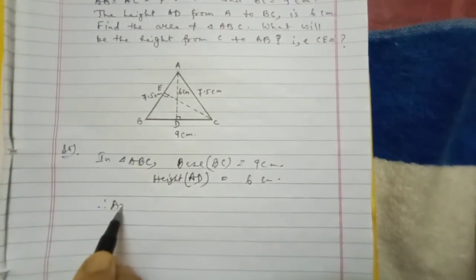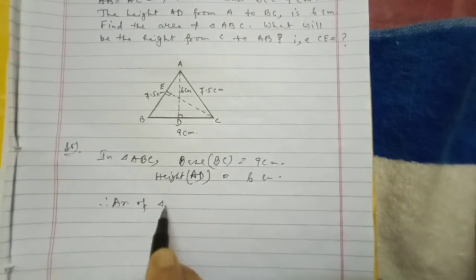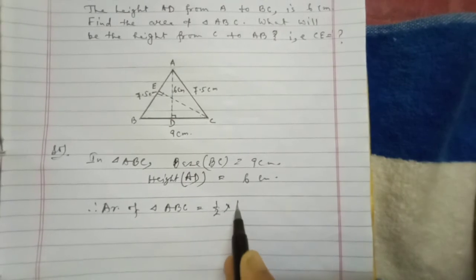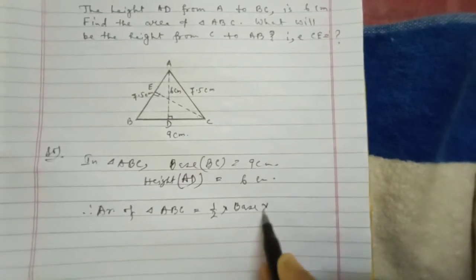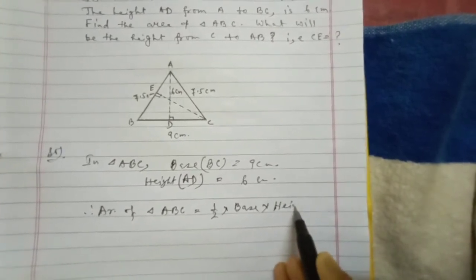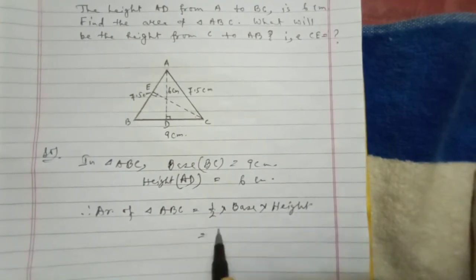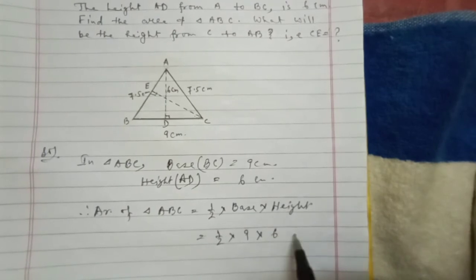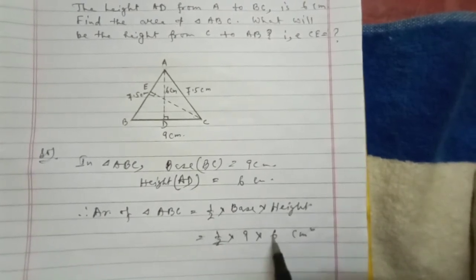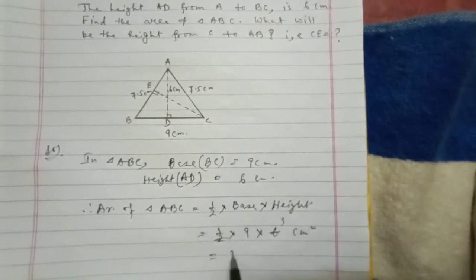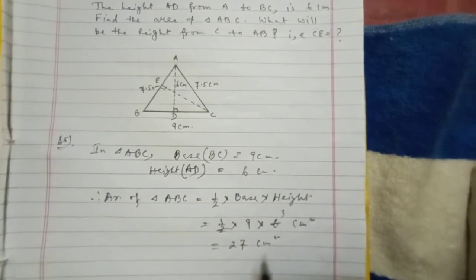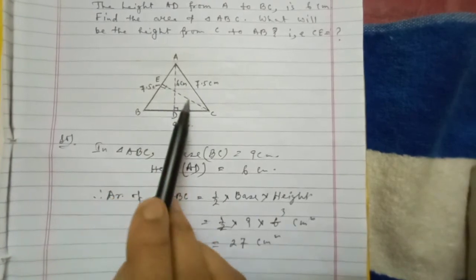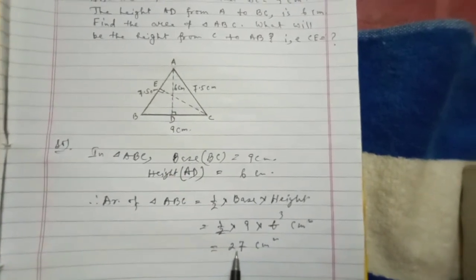Therefore, area of triangle ABC equal to half into base into height, half into base 9 into height 6 centimeter square, 27 centimeter square. Now you have got the area 27 centimeter square.